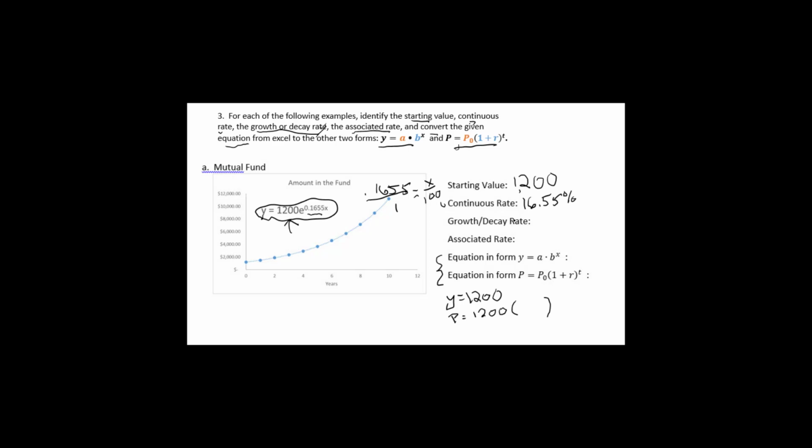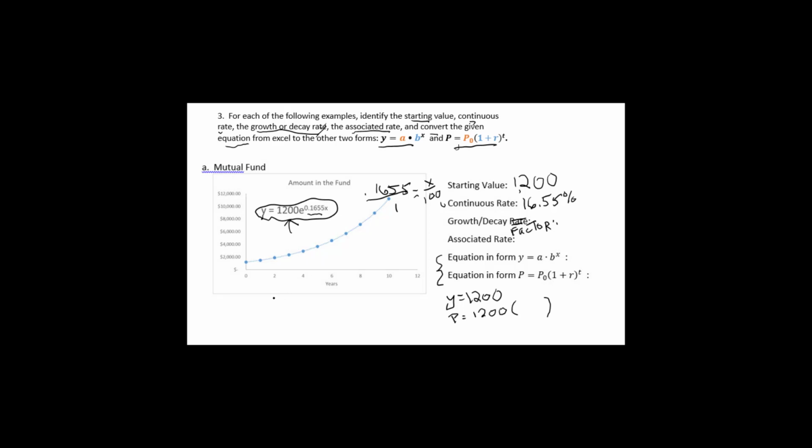Now I'm going to change this. I want the factor here. This is just a typo. These are all factors. So it's going to be like a factor, right? And you find the factor 1 plus R, right? So we need to find the factor. First we have to find what this growth rate is.